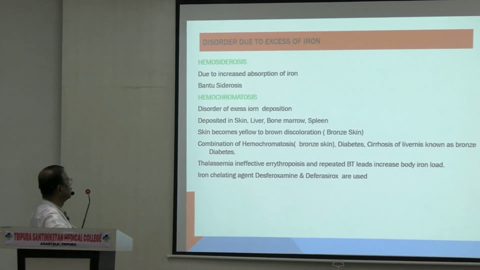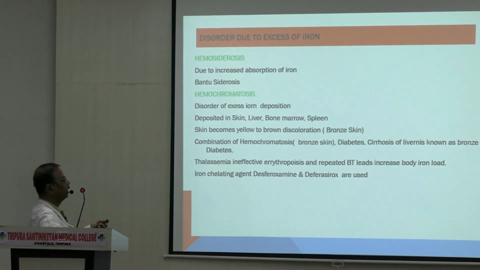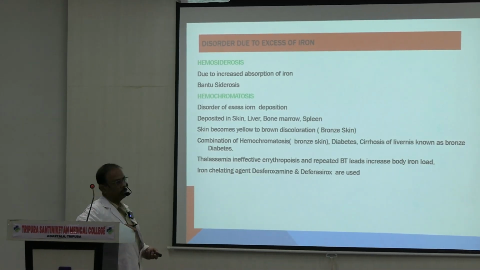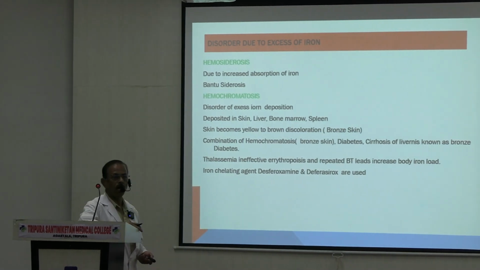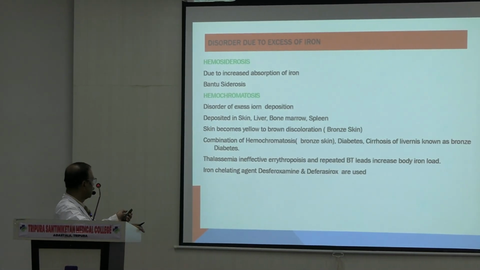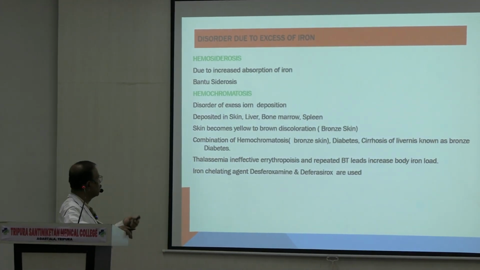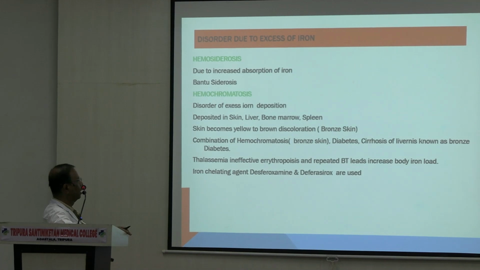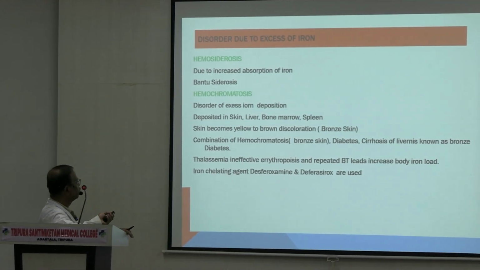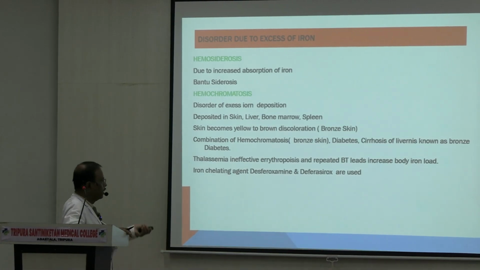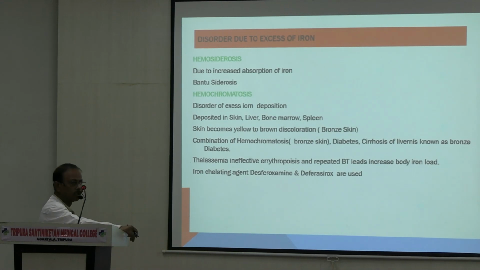Hemosiderosis is a disorder of excess iron deposition in skin, liver, bone marrow, spleen. In the skin, when this iron is deposited, the color of skin becomes yellow to brown discoloration, that is called bronze skin. Combination of bronze skin, diabetes and cirrhosis is known as bronze diabetes.